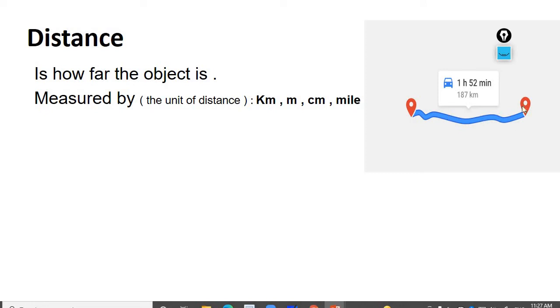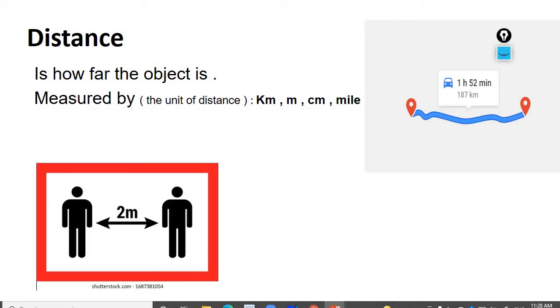Of course, the space between two points here, that is the distance. We can measure the distance by units of kilometers, meters, centimeters, miles. All of that are the units of the distance, and the unit is so important to understand about the distance.